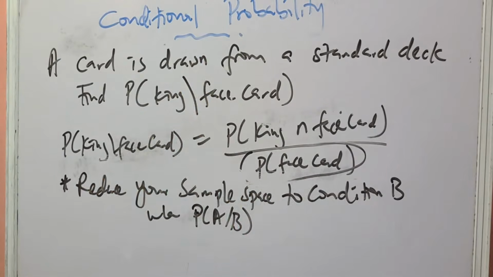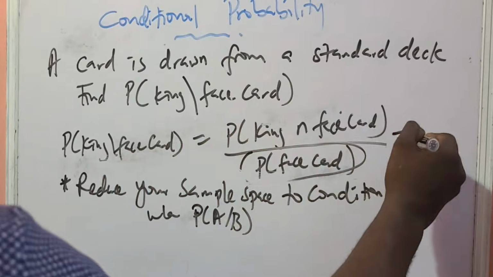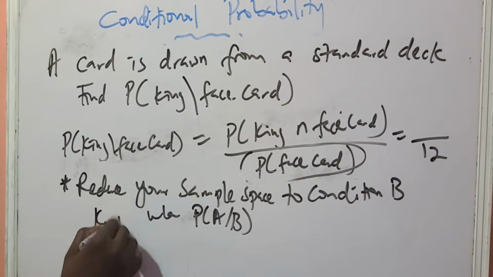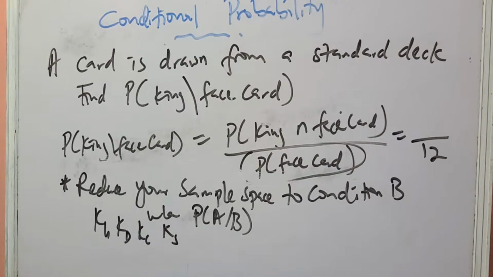So the question is, what's the number of elements in the event space face card? We got that with 12. So I know my answer here will be equal to something over 12. So I'm trying to find whatever the numerator will be now. The numerator, again, king and face card. How many kings do you have generally? You have 4: king of heart, king of diamond, king of club, king of spade. Now, this is the event space for king.